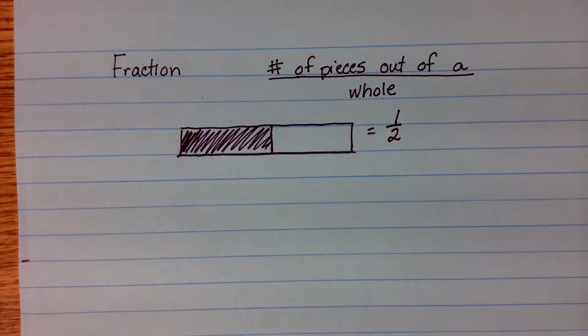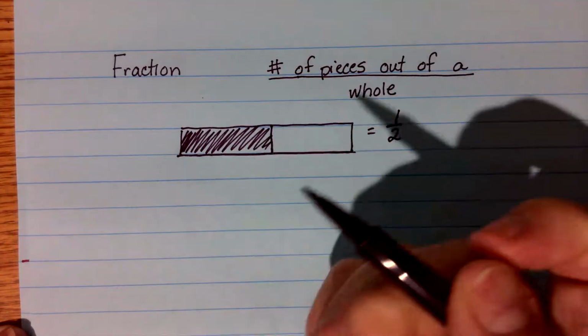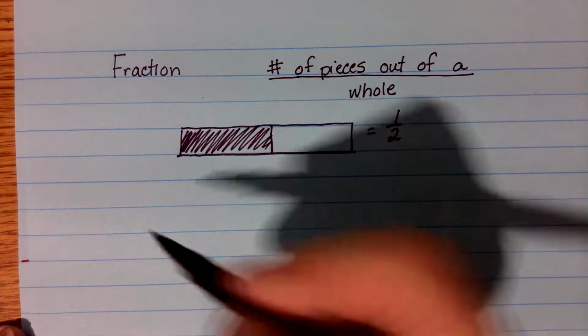Let me continue to look at the models. They're going to give you some fraction models, and they're going to want you to count the pieces. They're going to give you 4 different ones, but you have to find the fraction model that represents what they're asking for.